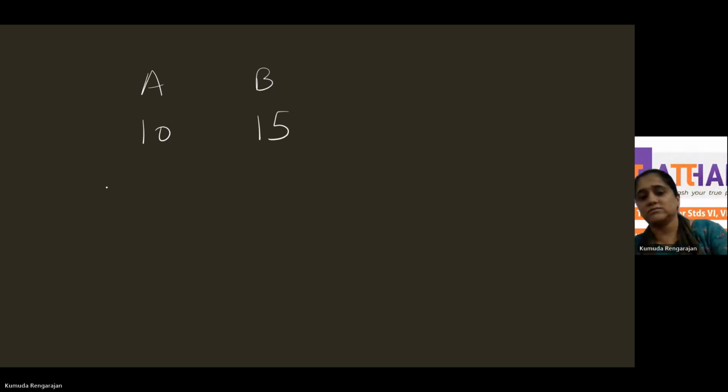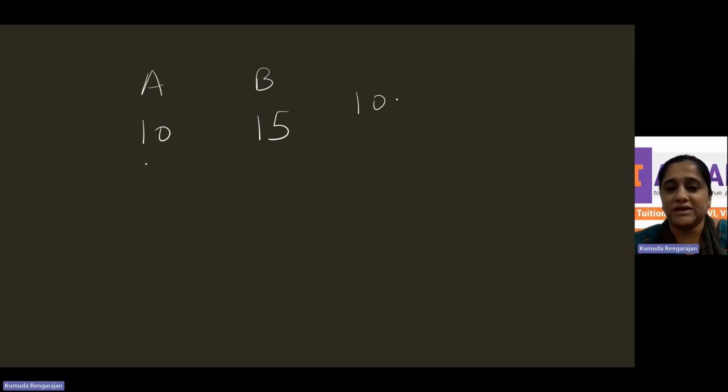Now, say there are 2 friends, A and B. A has, okay, I don't want to say chocolates. Let's say they're small kids. A has 10 toys and B has 15 toys. What is the total number of toys A and B have together? 10 plus 15, correct?